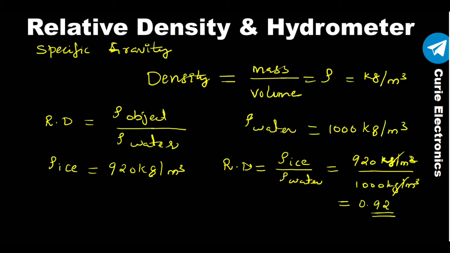What does this 0.92 mean? Specific gravity of ice we got as 0.92, or relative density of ice equals 0.92. What does it mean?